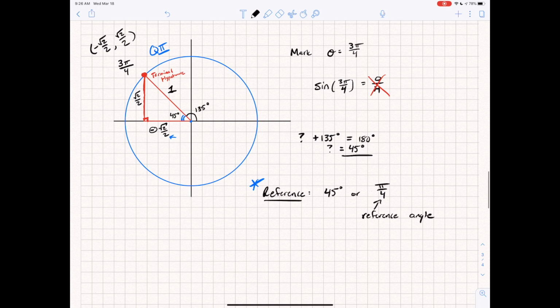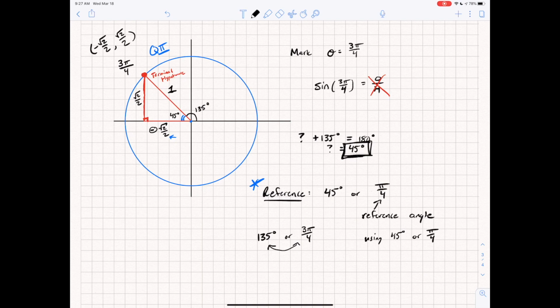If you think about the word reference, like to refer to, notice that to work with 135 degrees or 3 pi over 4, we didn't really use these values. What we ended up doing was finding a smaller angle, something less than 90 degrees, so I could draw a right triangle, and that's why it's called a reference. We used 45 degrees, or pi over 4, to find the coordinate.